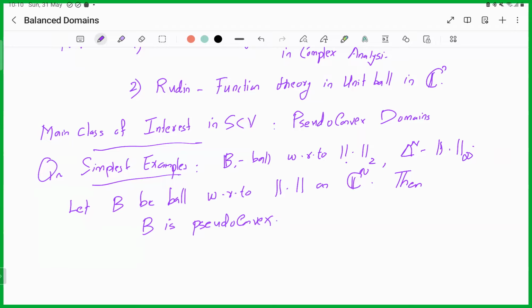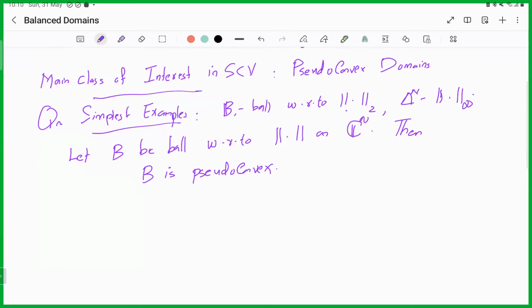Okay. Now we can ask the natural question. The question is how to characterize balls in C^n.